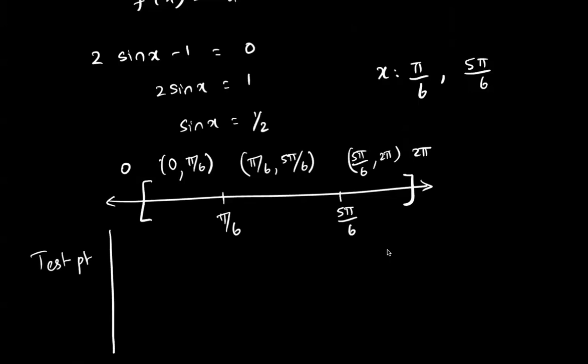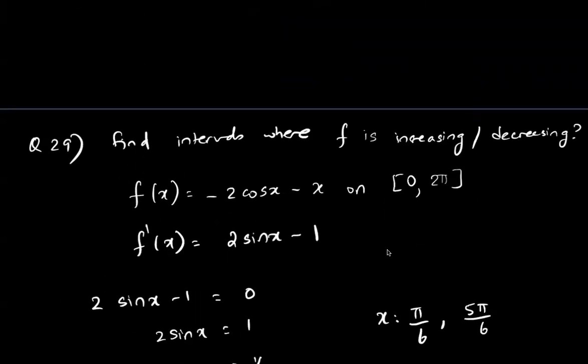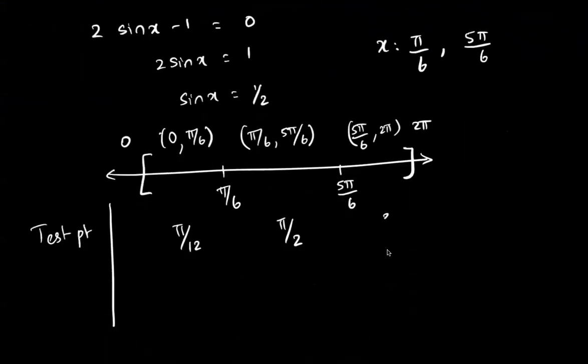Let's say I just take pi over 12, okay? Then between pi over 6 and 5 pi over 6, the easiest one to take would be pi over 2. And for 5 pi over 6 to 2 pi, I can even take 3 pi over 2.